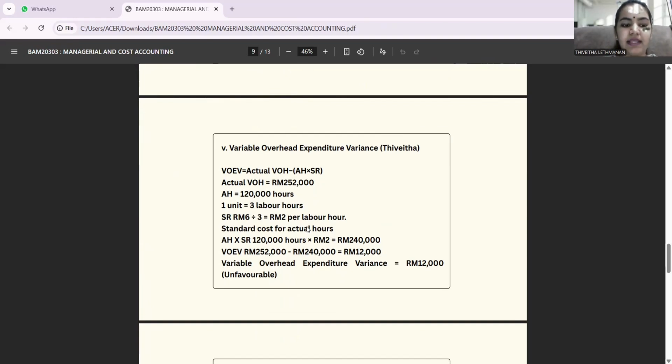The standard variable overhead rate is 2 ringgit per labor hour, and the standard cost for actual hours is 240,000. Actual variable overhead incurred was 252,000. Therefore the variance is 12,000, which is unfavorable, meaning overhead costs were higher than expected.